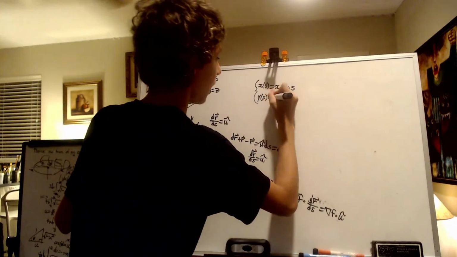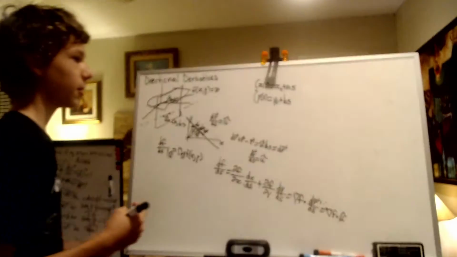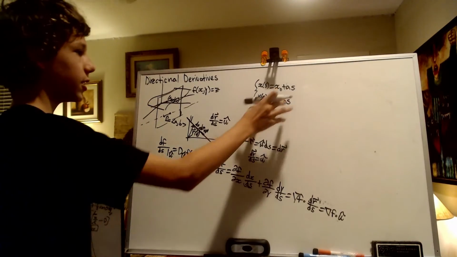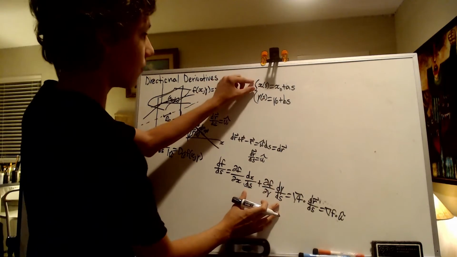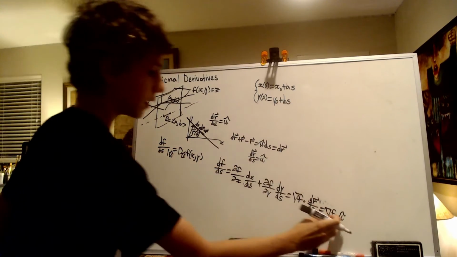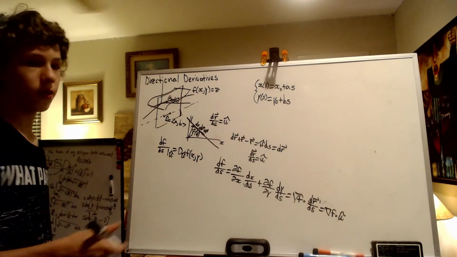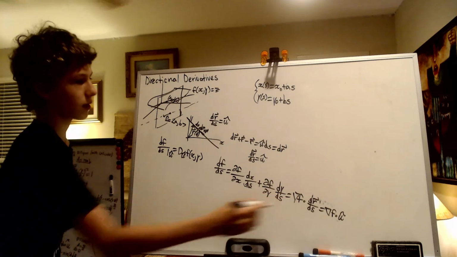And then for y, we're going to get y naught plus bs. Okay? And then if we take the derivatives of these, look what we get. If we take the derivative of this, we get a. If we take the derivative of this, we get b. And thus we just get our a, b, which is our original u. So that's another way of getting this.